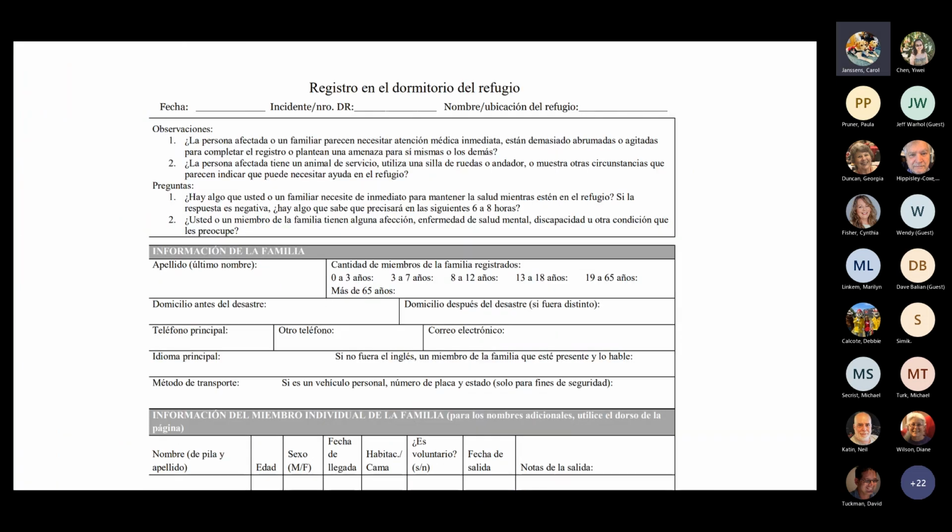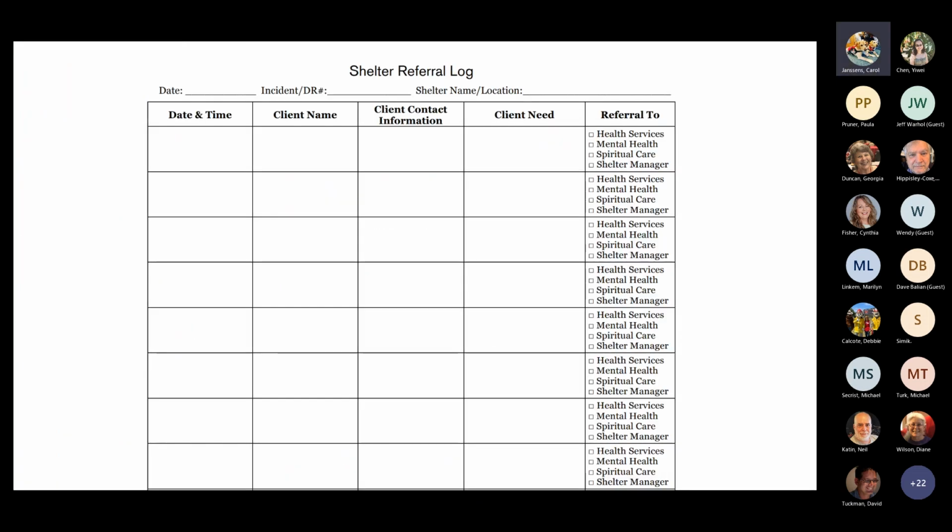This is the same form in Spanish. So this is the form that we use on those people that may have a need that doesn't have to be answered right away, but we want to make sure that we don't forget about them. And it's the shelter referral form. Now, if you're taking somebody to health services right then and there, you don't have to write their name on this, because the whole idea of this form is to get them the help they need.